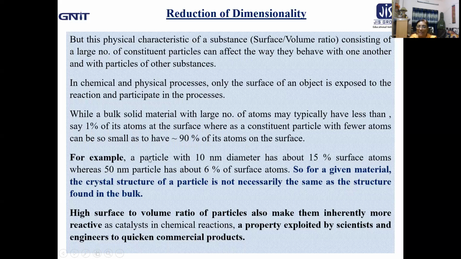It is found, as an example, a particle with 10 nanometer diameter has about 15% surface atoms, whereas a 50 nanometer particle has about 6% of surface atoms. So, for a given material, the crystal structure of a particle is not necessarily the same as the structure found in the bulk. Very much true it is.